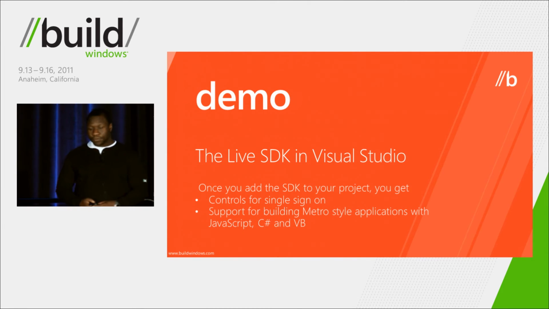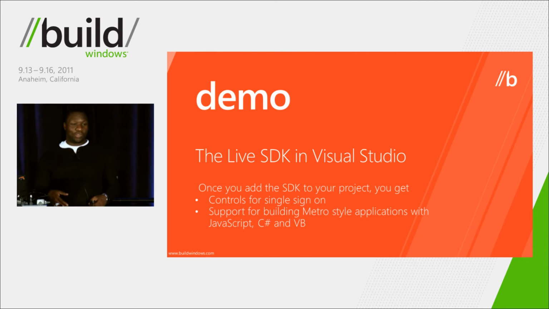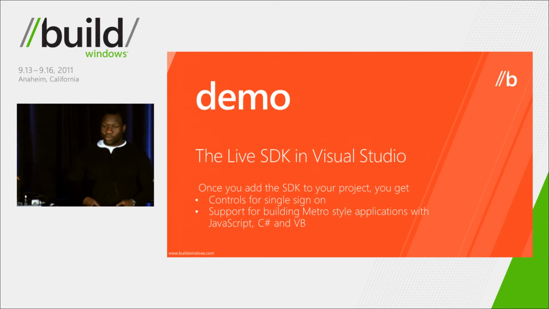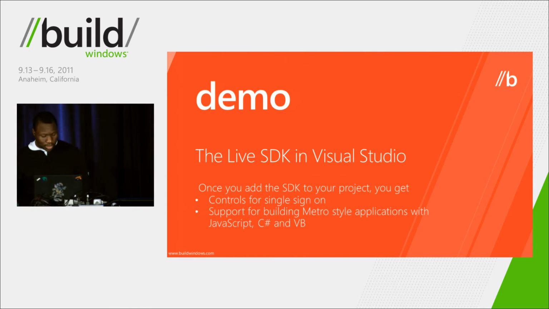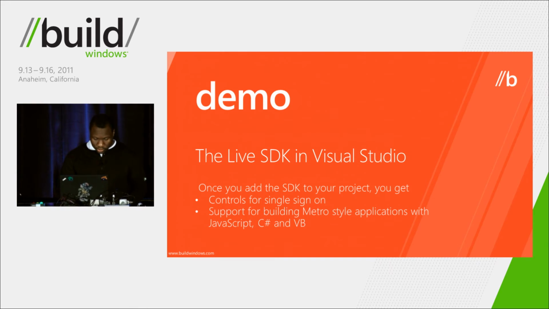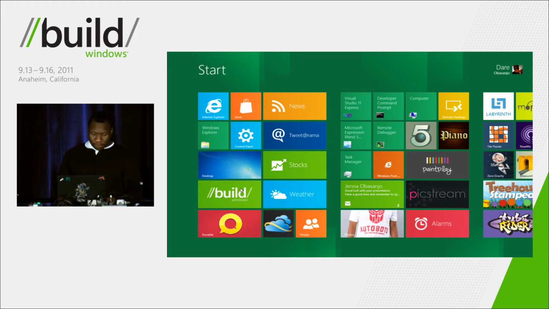And with that, I'm going to show how straightforward it is to start using Live SDK from your Visual Studio projects, whether you're doing JavaScript development or C# development. So let's go back here. All right.